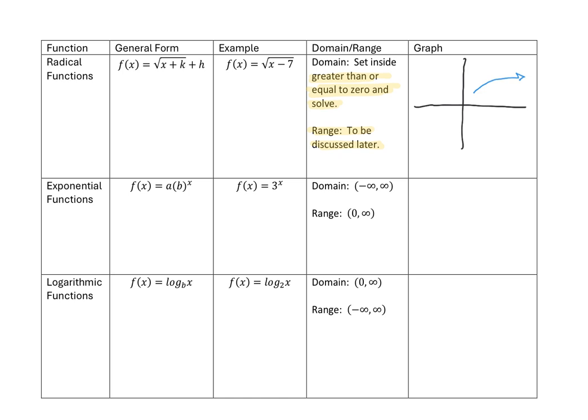We do have other radical functions, and our other radical function is, for instance, a cube root. And so if we have a cube root, then what we do have is a domain of all real numbers. And we also have a range of all real numbers.